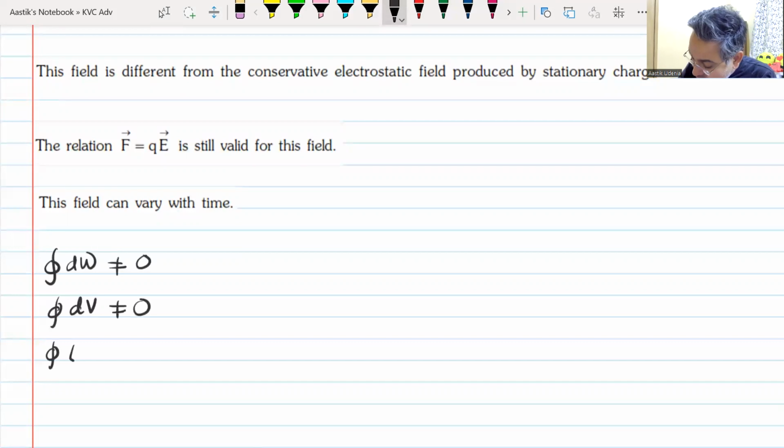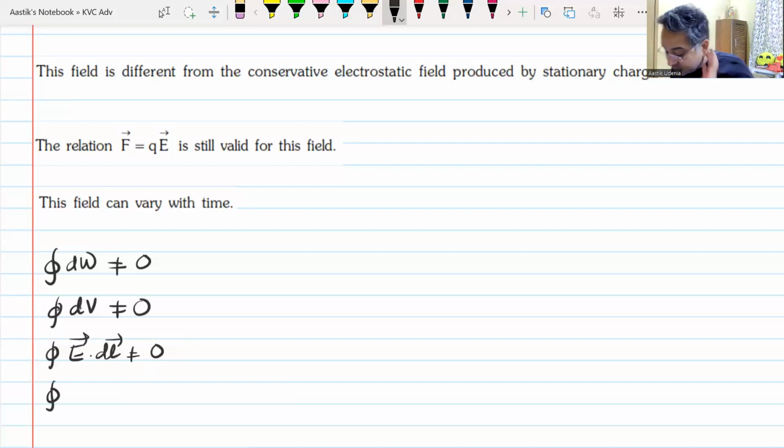The line integral of the electric field is not equal to zero. If you move in a loop, the work done is not equal to zero. Change in electrostatic potential energy is also not equal to zero.